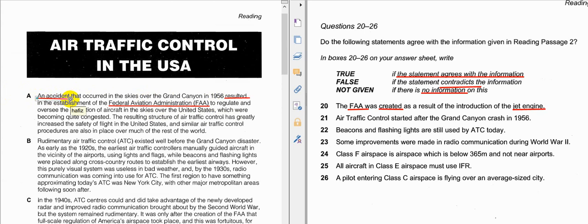So, how do we determine if that's false or not given? As I mentioned in the beginning, false will have a contradiction. Now, take a careful look at the question. The FAA was created as a result of the introduction of the jet engine. So, when the jet engine was introduced, the FAA was established. Now, in this case, it wasn't the jet engine, it was an accident.